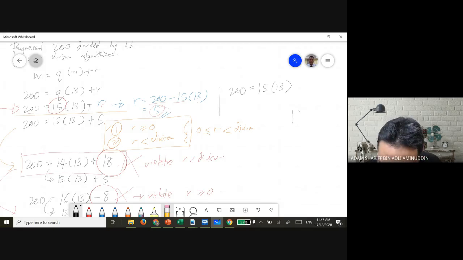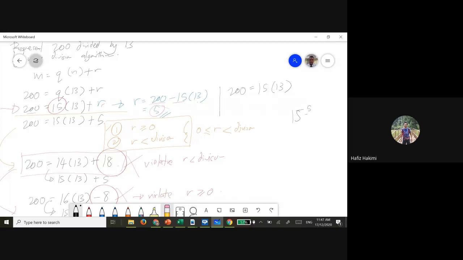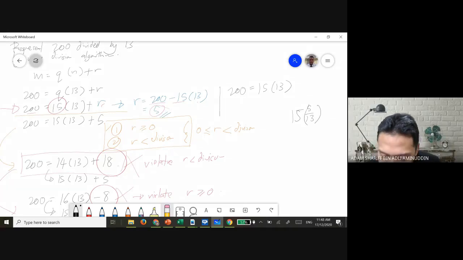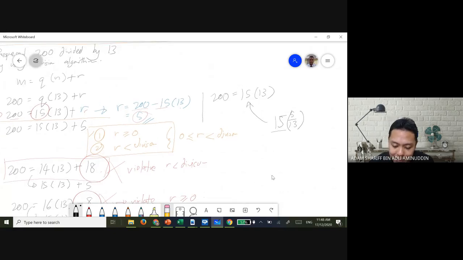Kamu dapat tu 15, 5/13. Okey, 15 ni masuk sini. 5/13 ni boleh cari R dengan cara remainder sama dengan 5/13 sebahagian daripada divisor 13. Jadi dapatlah jawapan dia 5.